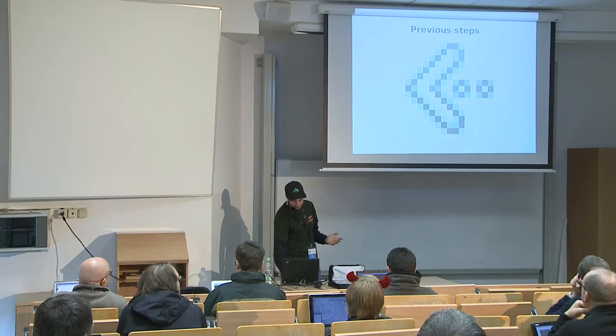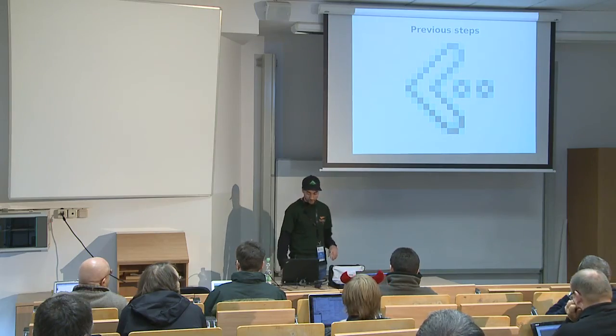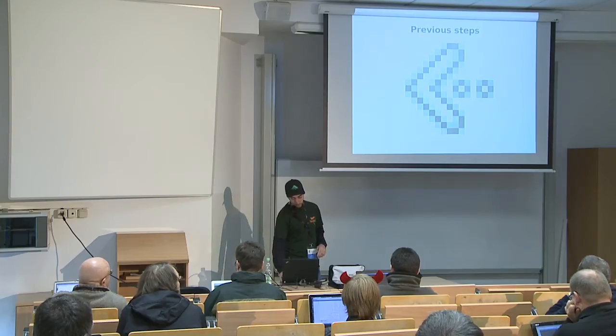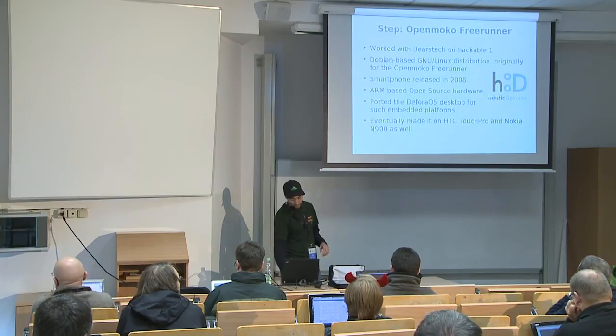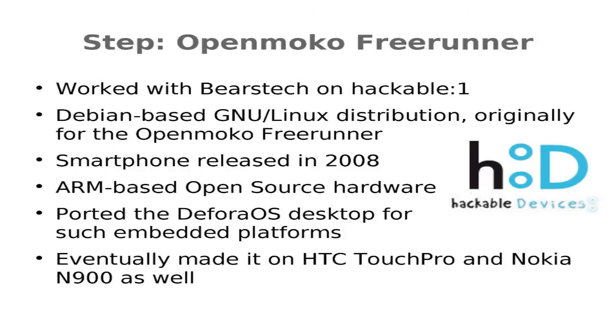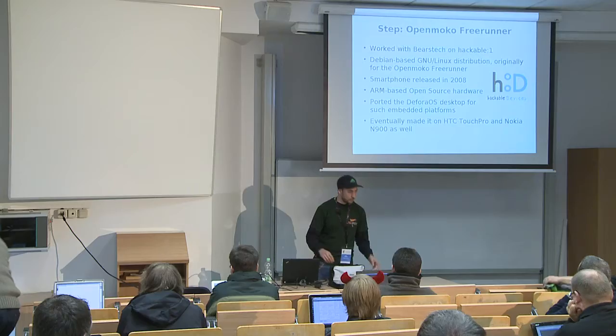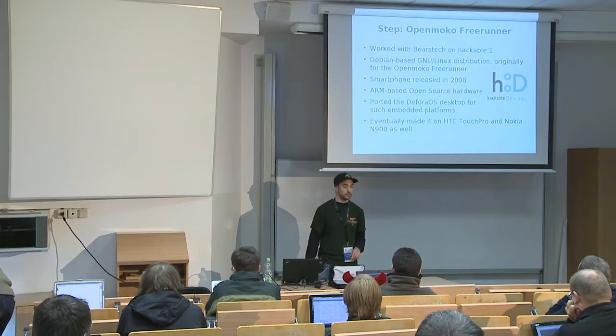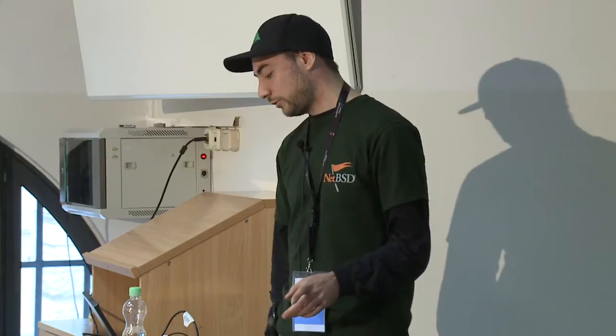And first, let's go a bit back in time and quickly explain how I came to doing this. I was working for a while on the Openmoko Freerunner, which was, depending on how you see things, also an open source phone. It's the one that I've been showing already. So the hardware is open source. The software was open source, but there was a lot of shuffling around between distributions.